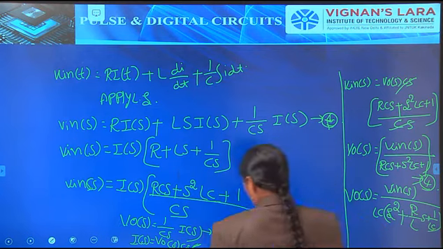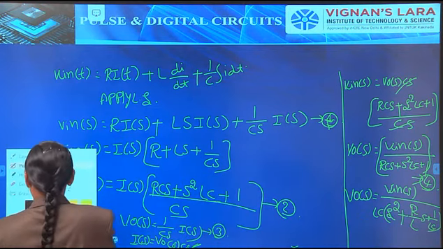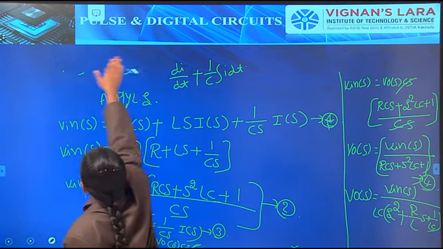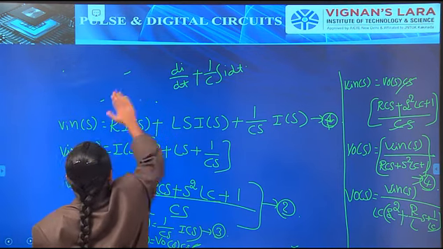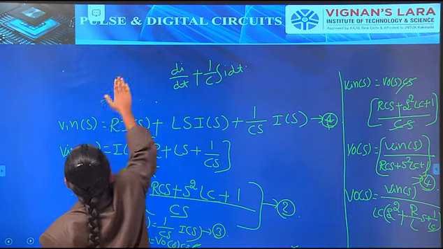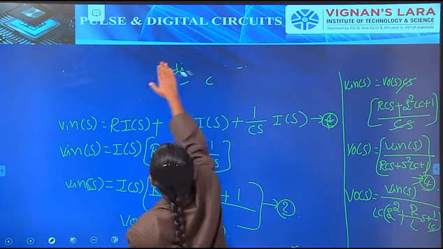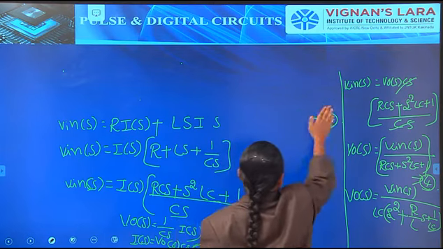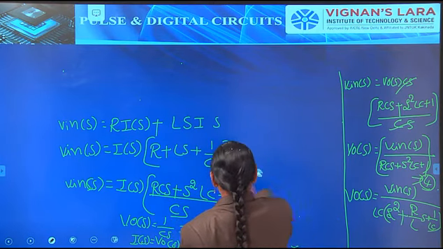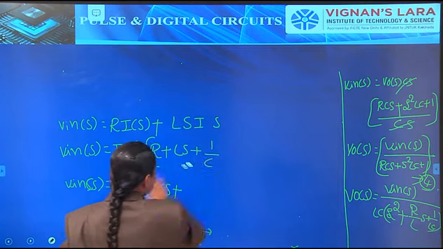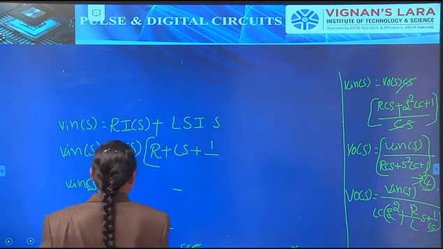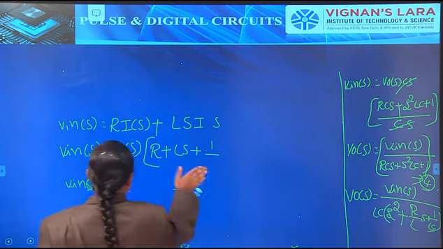So we have LC into S square plus R by L S plus 1 by LC.